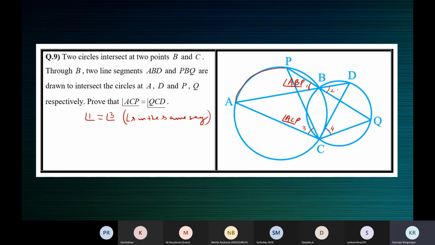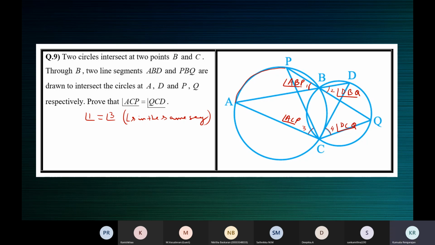Similarly, angle 2 can be called angle DBQ, and this is angle DCQ. From the name you can make out DBQ is an angle subtended by arc DQ at the point B, and DCQ is an angle subtended by arc DQ at the point C. Look at the figure, DQ is the arc.